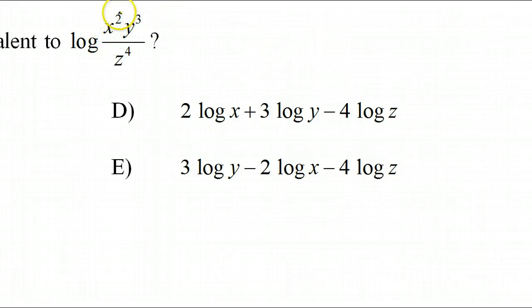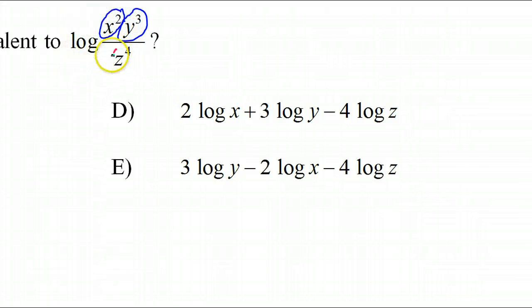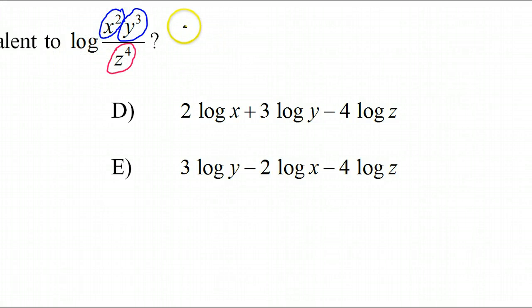Okay, so I'm looking at 3 terms here. One will come from this, one will come from this, and one will come from this. The 2 blue ones are going to be positive because they're in the numerator. The pink one is going to be a negative term. So first the two blue ones.